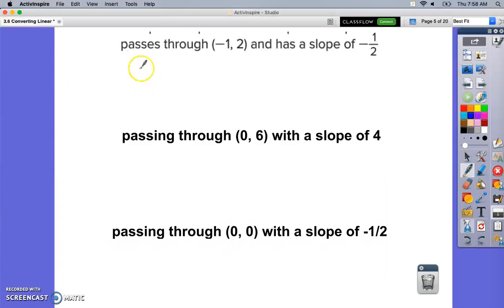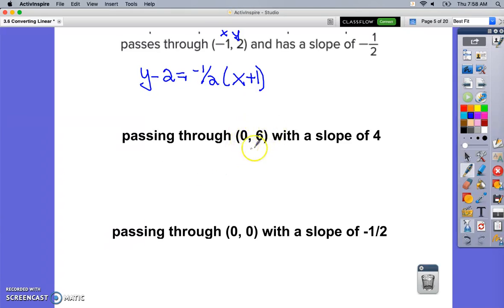So I would do y minus my y point. Remember, this is x and this is y. So y minus 2 equals my slope of negative 1/2, and then x, and it's minus a negative because I have negative 1, so I'm just going to change it to plus 1. So I can substitute, if I have a point and the slope, right into this equation.